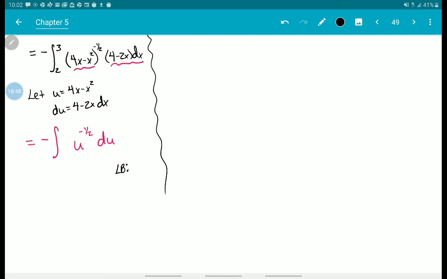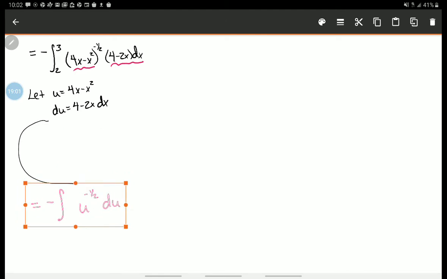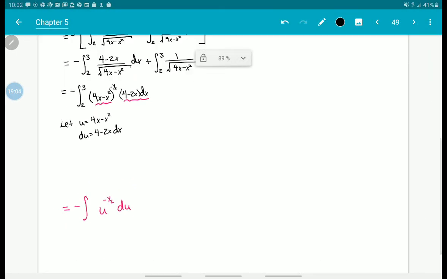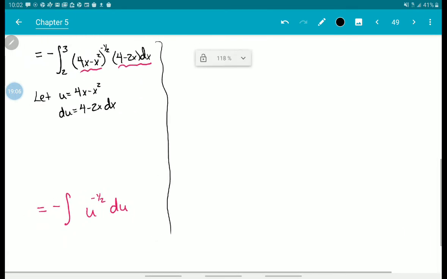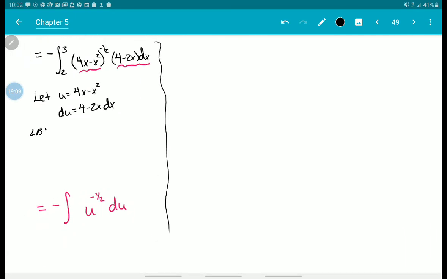So looking at that lower bound, in the beginning it was 2. If we were to plug a 2 in here, we're going to have 4 times 2 minus 2 squared, which is going to be 4.